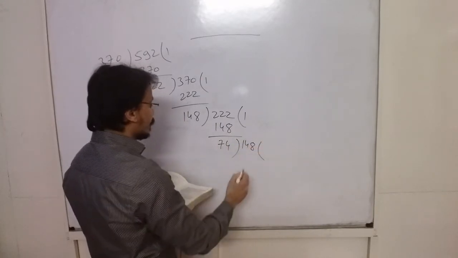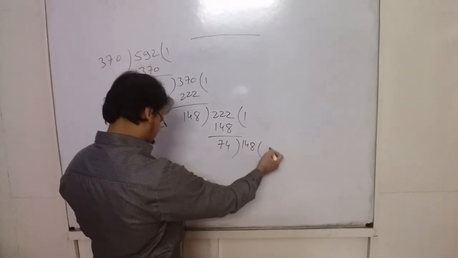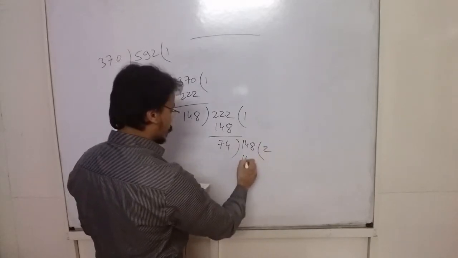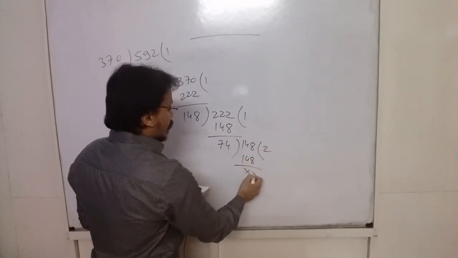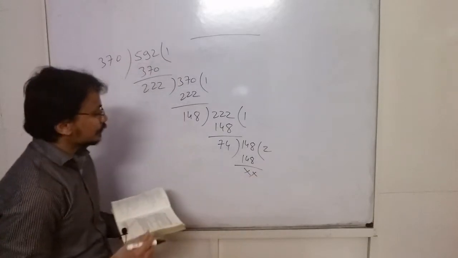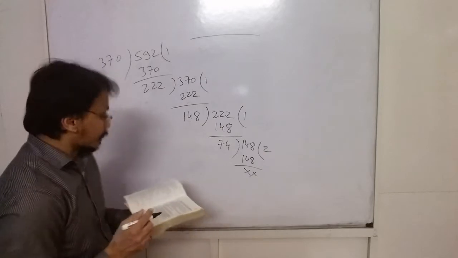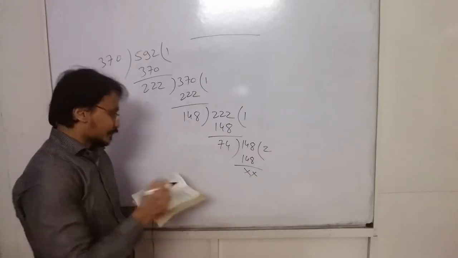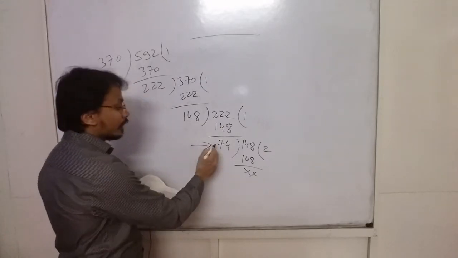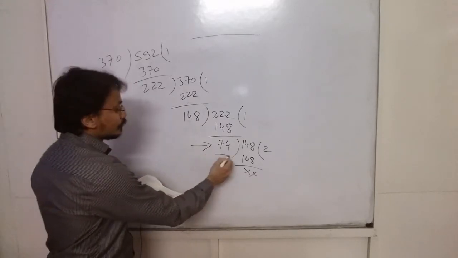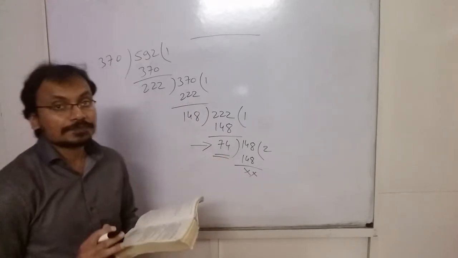So 148 divided by 74, yes, 2 times 148. Repeat the entire process till you get 0 as remainder. And this last divisor is your answer. This is going to be the HCF.